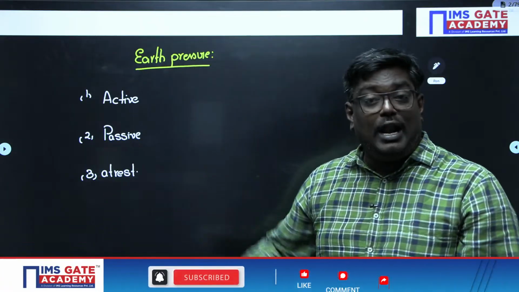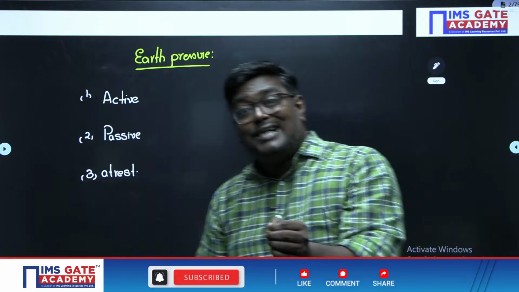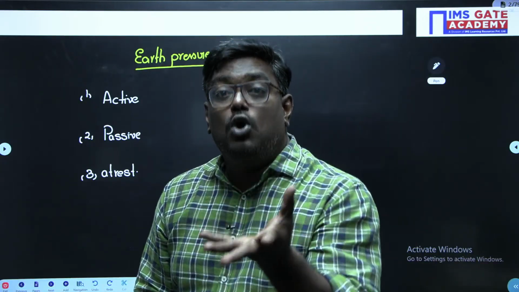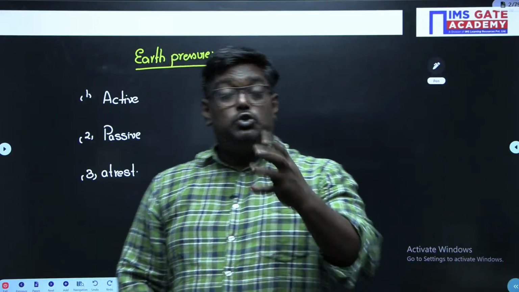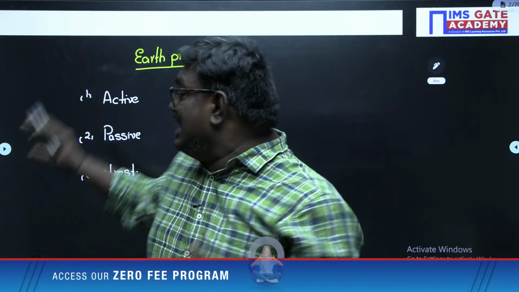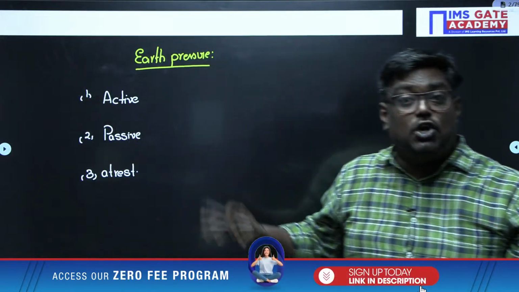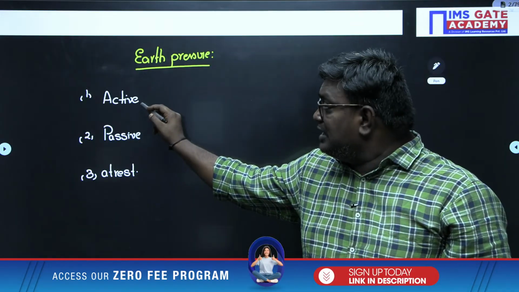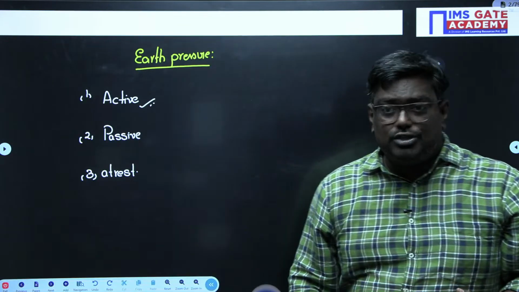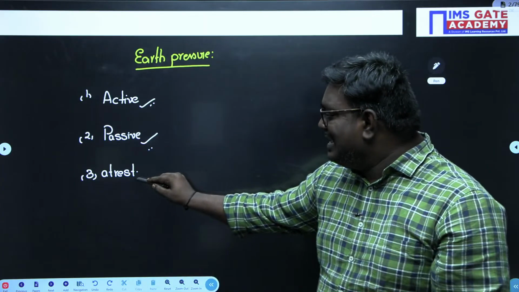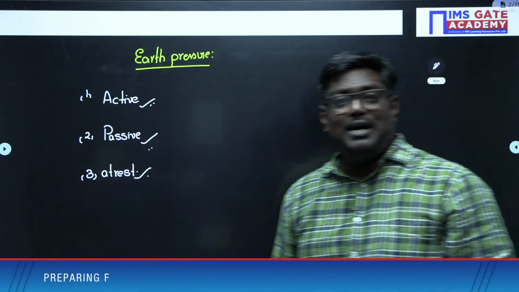For at rest pressure, they can ask you to calculate the earth pressure when there is no yielding of soil mass. So they might not ask you directly to calculate active, passive or at rest pressure. Here, in active earth pressure, the yielding of soil mass is due to tension. Here it is due to compression. Here there is no yielding of soil mass.